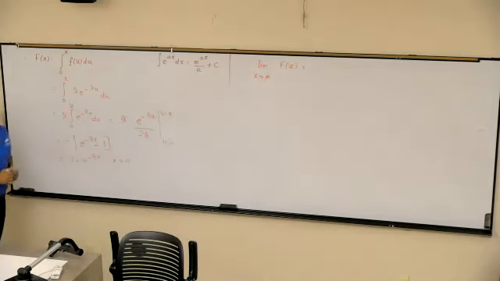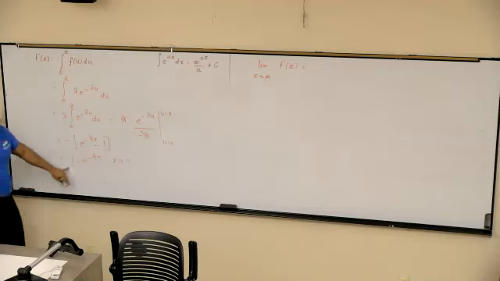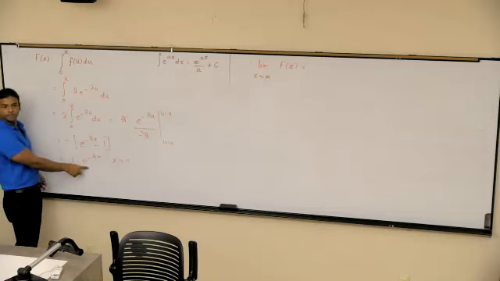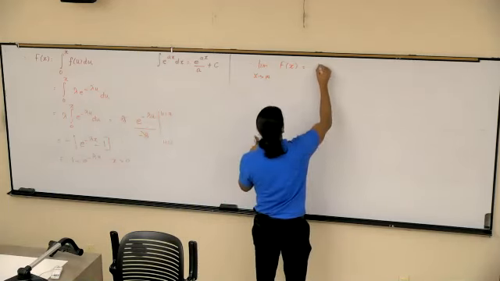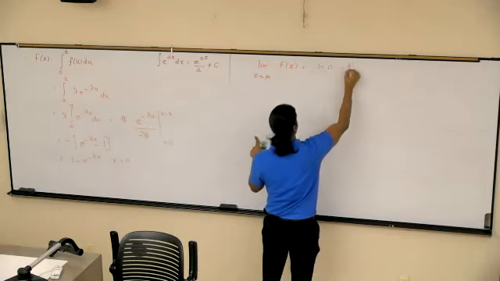What happens if x is approaching positive infinity? It will become 1 because that is going to become 0. So you would end up getting 1 minus 0, you get 1.